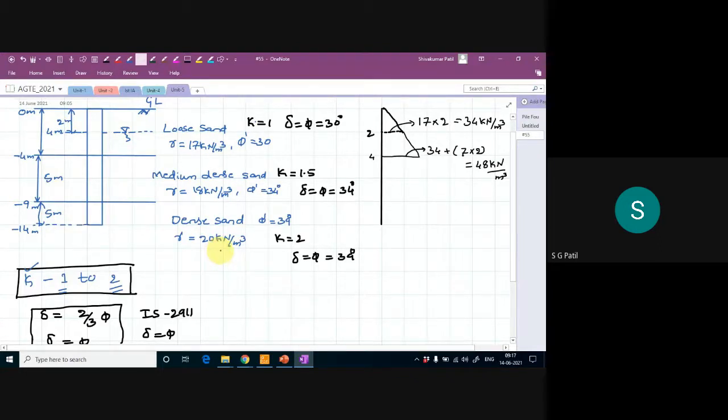Soil arching is nothing but, if there is a relative displacement between the soil and the pile, or whatever material you insert inside the soil, if there is relative motion between these two mediums, then the soil arching phenomenon will come into the picture. Here the pile is moving relative to sand, so that's why soil arching takes place. One more example of soil arching is underground pipes and also culverts.